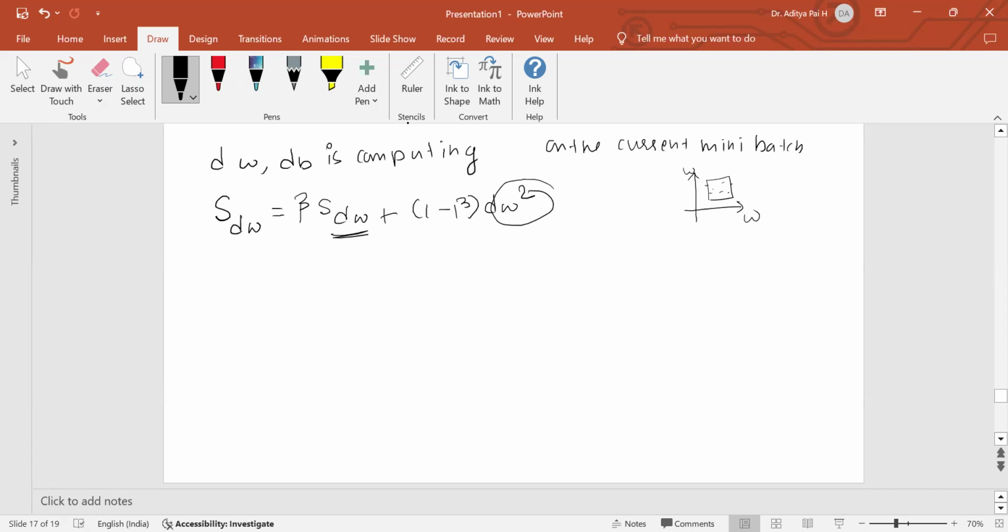Similarly, we are also calculating sdb, which is beta times sdb plus 1 minus beta times db squared. Similarly, we are squaring the operation element-wise.